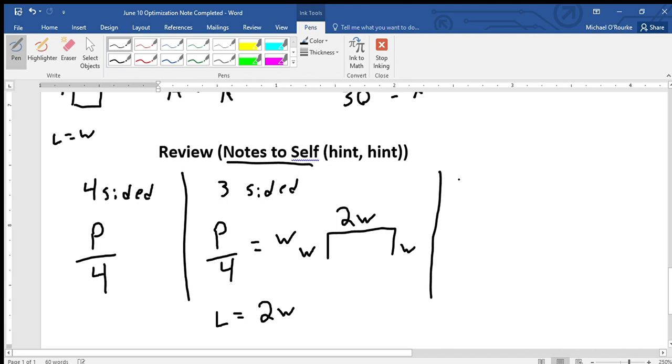For a two-sided, you take your perimeter, and you divide it by 2.